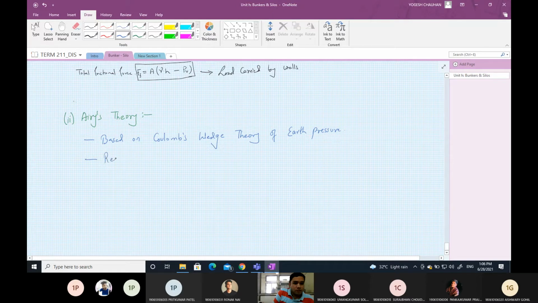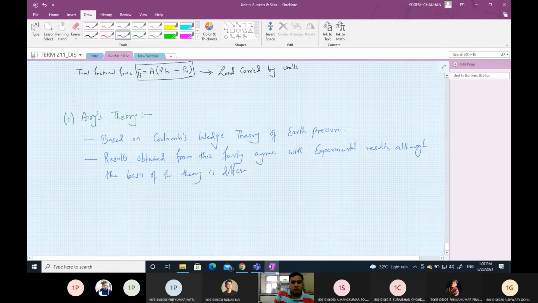So, results obtained from this theory fairly agree with experimental results, although the basis for this theory is different from that of Jensen's theory.